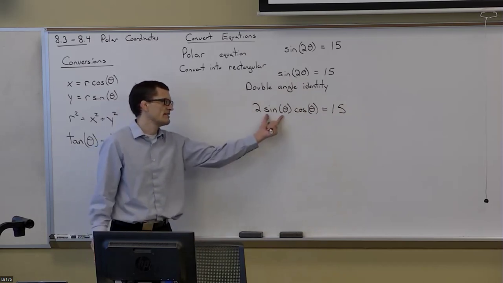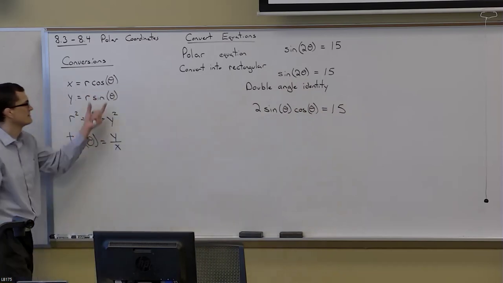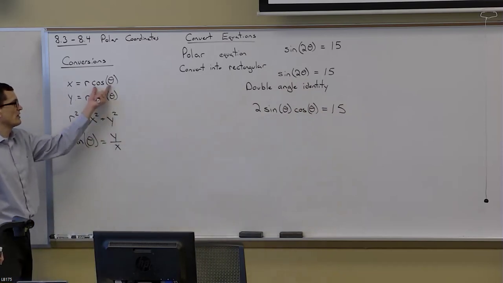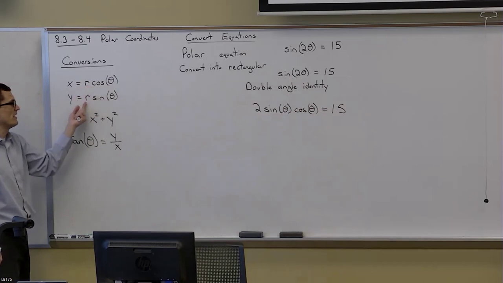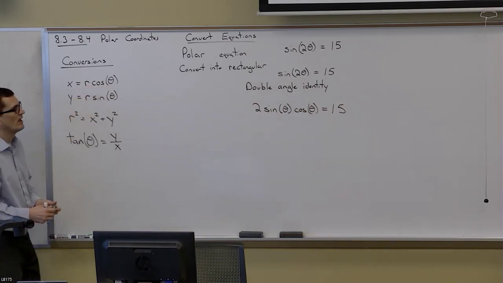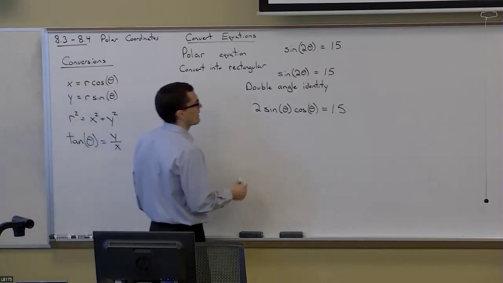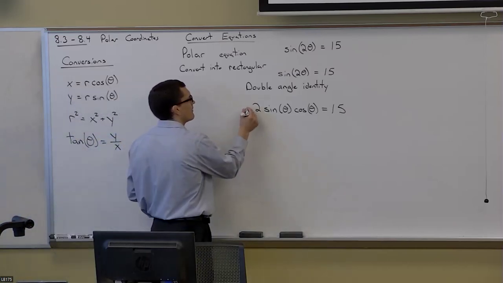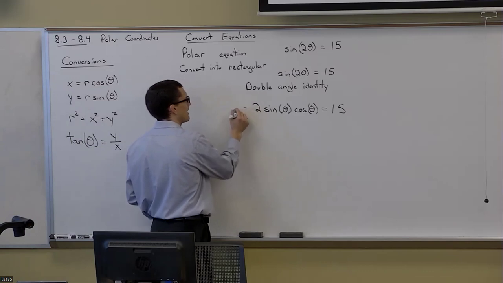Now I have a sine theta, and I have a cosine theta, but I don't have the r in front of those. So what I'm going to do from here is multiply both sides by r squared.